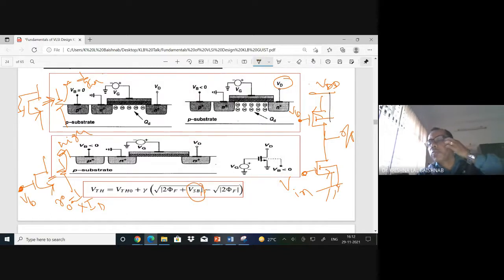So you see that the PMOS generally we put in the N-well to VDD so that I can get body bias 0. Here you see the inverter or amplifier with body bias 0.